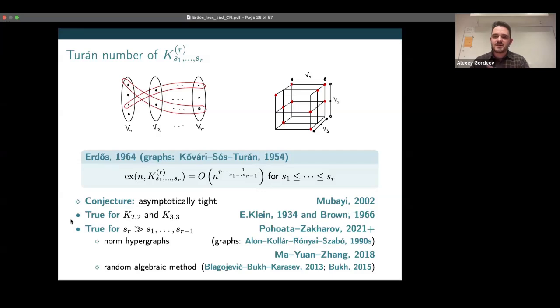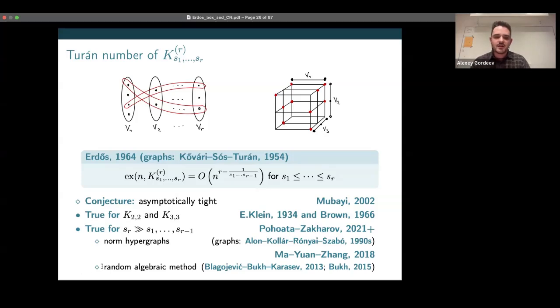And interestingly, there is, again, a series of papers which started, for graphs, by Blagojević, Bukh, Karasev, and then was improved by Bukh, what's called the random algebraic method. And this was also recently generalized to hypergraphs. It's interesting that there are two quite different proofs which prove the same theorem, but I think here the bound is a little bit worse in terms of how large s_r should be in terms of all the other parameters.